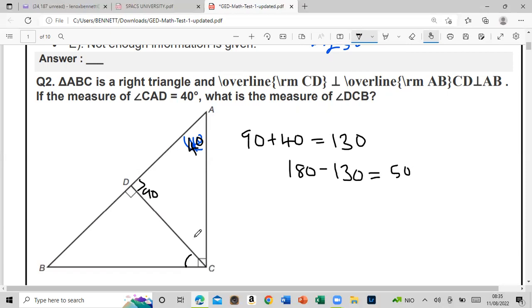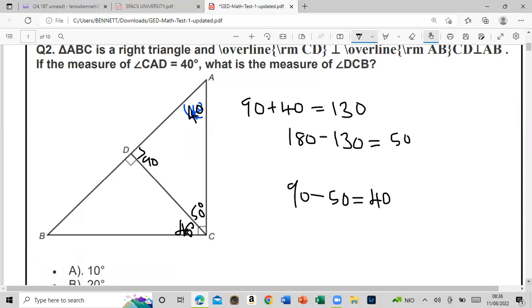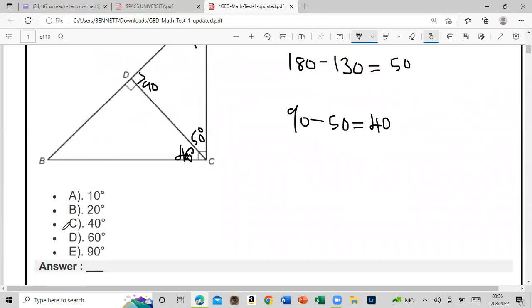No, it's a 50, but both of them make 90, so this would be 40. Guys, I'm losing it. So our answer is 40 degrees. I like this question. I like the steps in it, but very easy steps. Alright, ensure you like the video. Oh, I forgot I'm supposed to be marking the letter. Alright, let's move on to number 3.